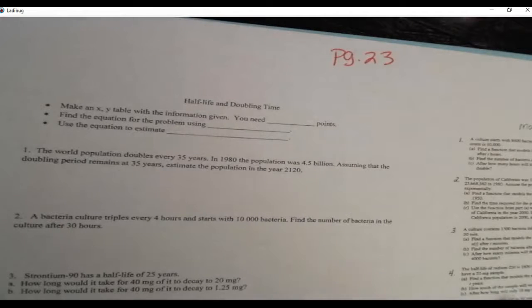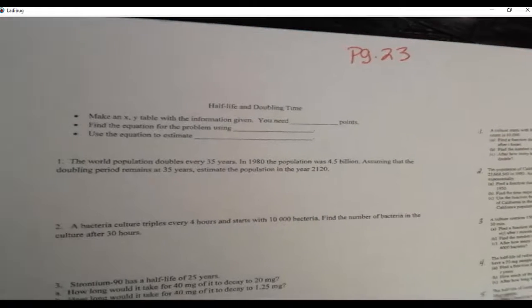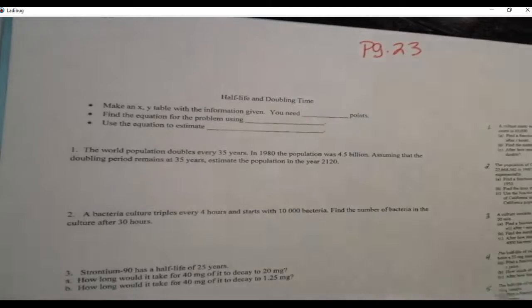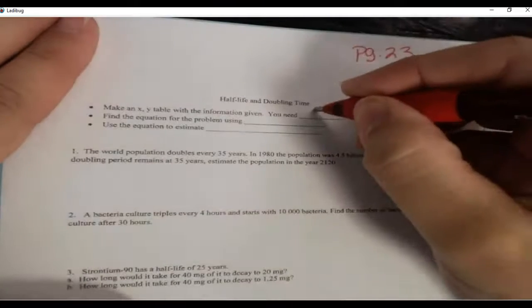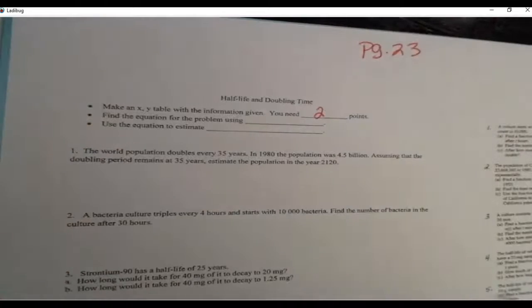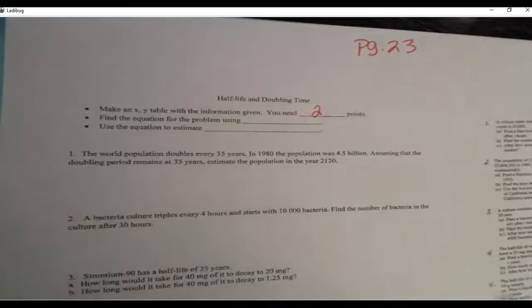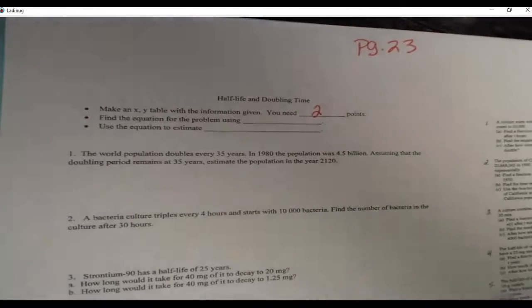So what we're going to do is make a table and then use that table, plug in our calculator, and that'll give us our equation. So in order to do that, we need at least 2 points. And then we're going to find that equation using stat calc and then the EXP reg.